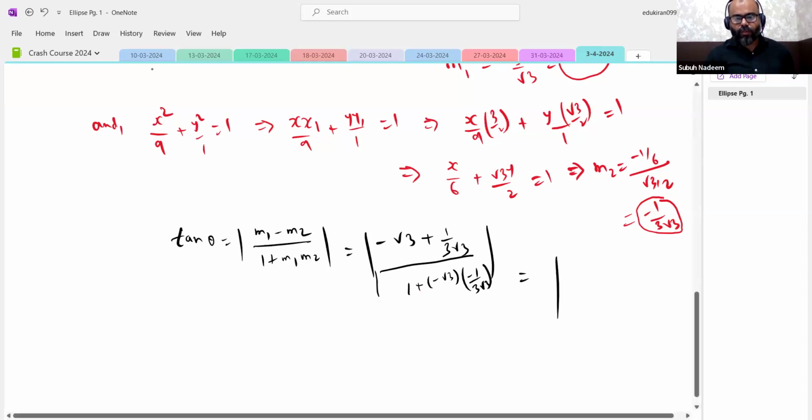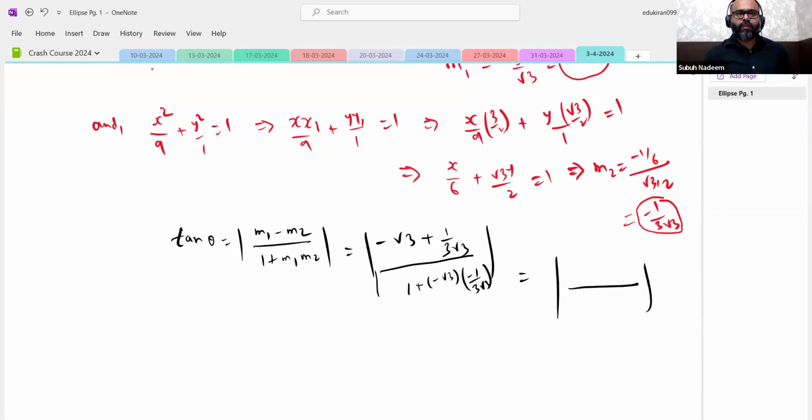So this will become, after taking LCM, 3 into root 3 multiplied with root 3.